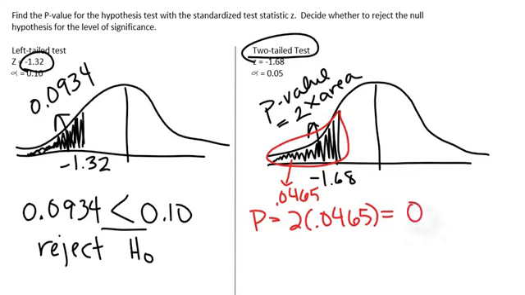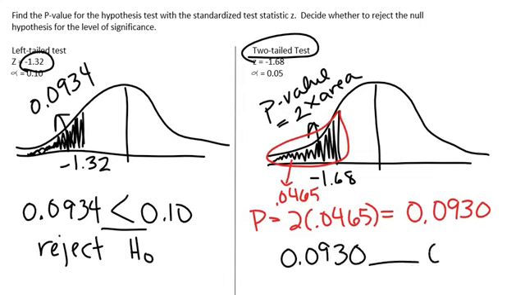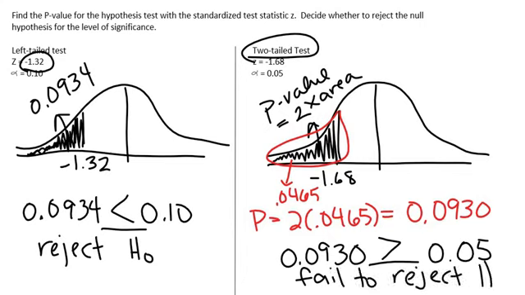And that is 0.0930. Now let's compare our p-value versus our alpha value. You can see here that your p-value is greater, therefore you're going to fail to reject the null hypothesis.